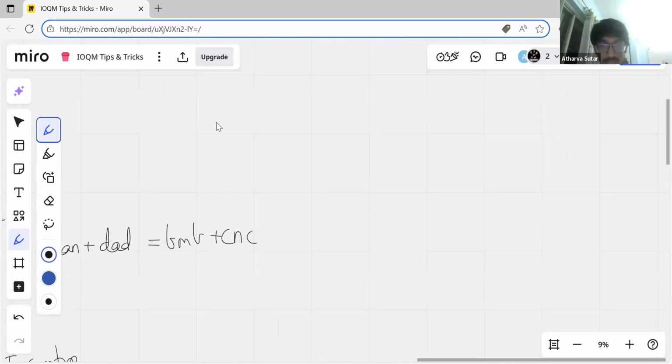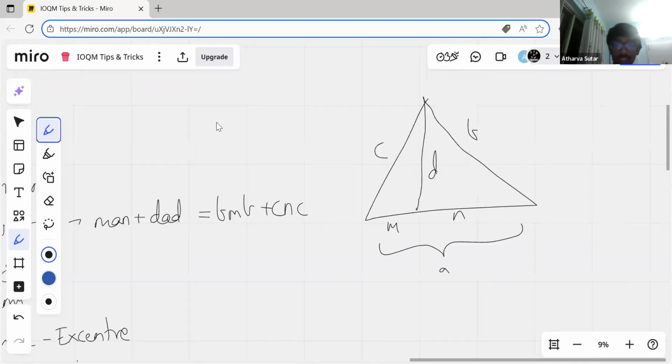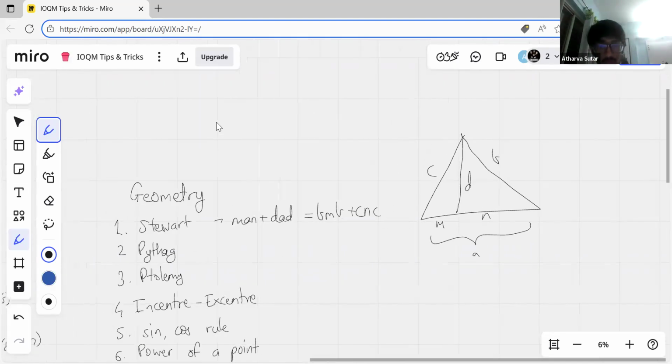The triangle is like this: this is M, this is B, this is C, this is N, and this whole thing is A, and this is B. So you can remember Stewart's theorem like this.